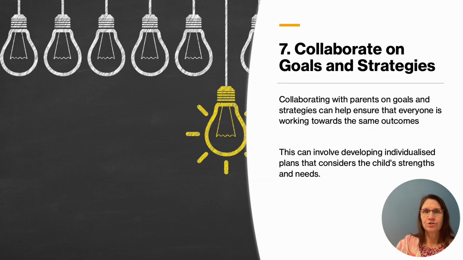Collaborate on goals and strategies. This goes back to that open communication with parents and asking for their opinion and their feedback about what's happening at home, and seeing if you can provide consistency in your classroom by implementing those strategies at home, because everybody's working together to get the child to the same place, and that is to develop to the best of their ability.